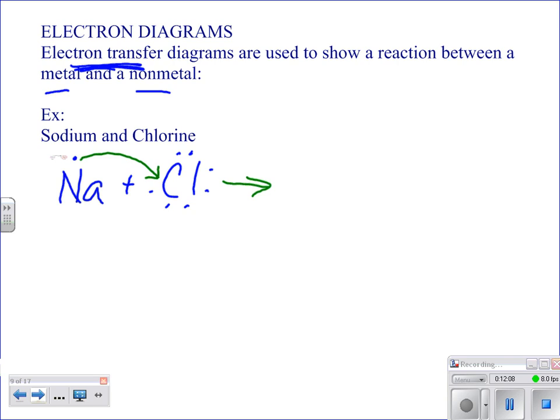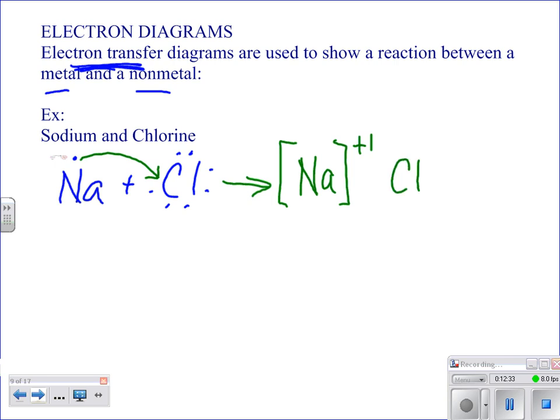There's 1 sodium atom, so we're just going to write sodium. But it's no longer a neutral atom. It has gotten rid of the electron that it had, its valence electron. So what's the charge now? +1. And notice, by getting rid of that electron, yes, there's an outer shell underneath that's full, but we do not illustrate that with any dots. So there should be 0 dots around that.